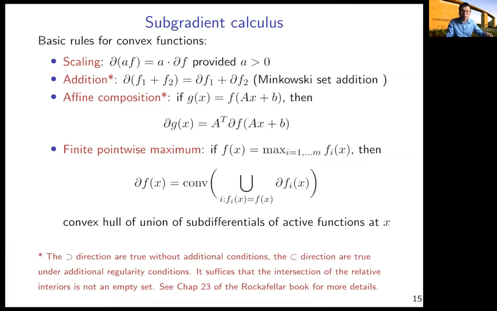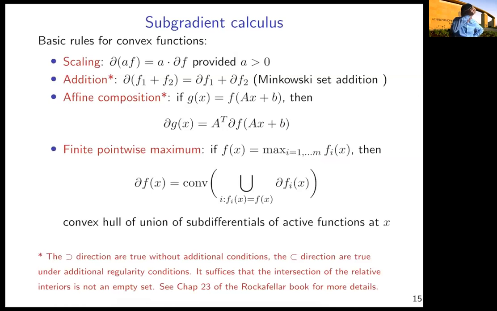It is more convenient to have rules that we can apply to more easily derive subgradients for composite functions, like the sum of two functions. If each of these functions has an easy-to-derive subgradient, then maybe we can write down the subdifferential more easily. So here is a set of rules.